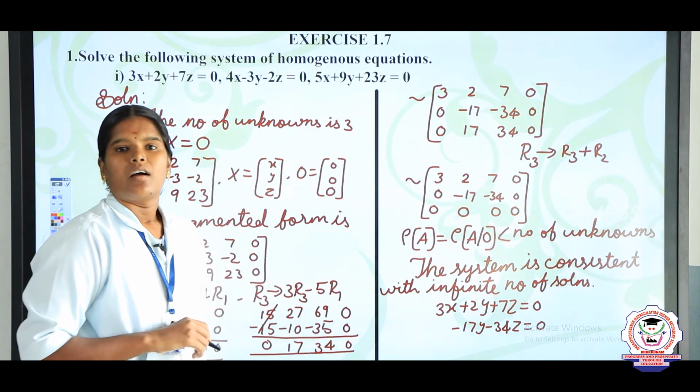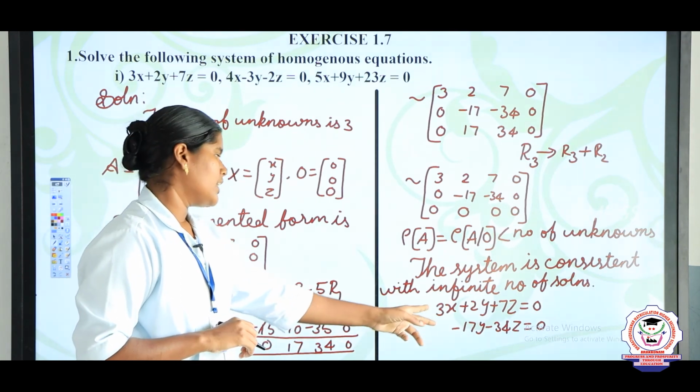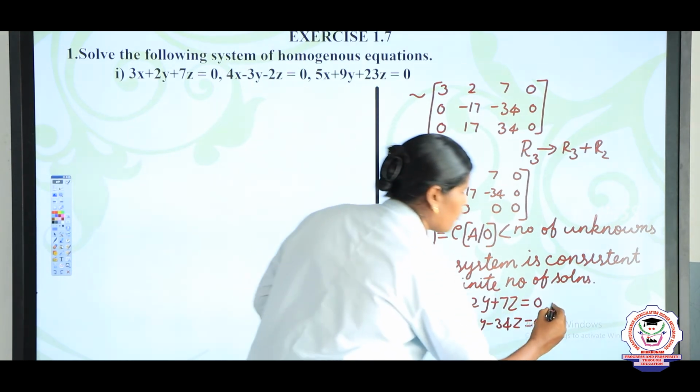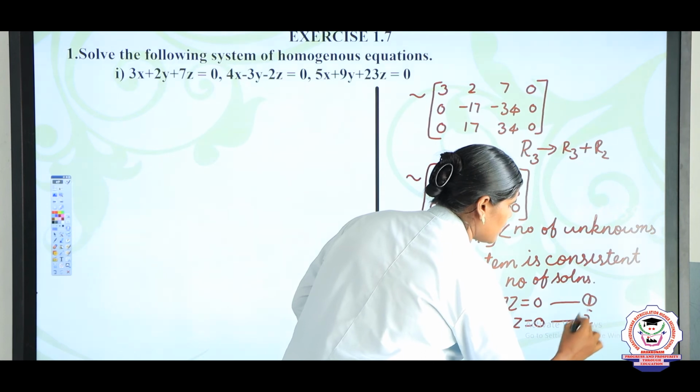So, we have 3 unknown values but here there are 2 equations only. This is equation 1 and this will be equation 2.